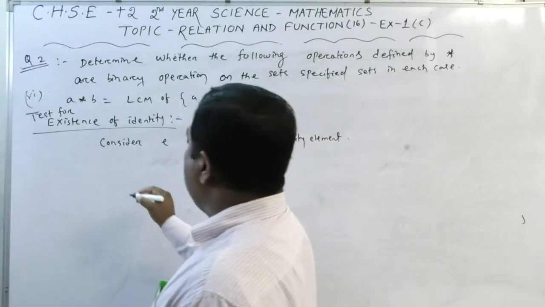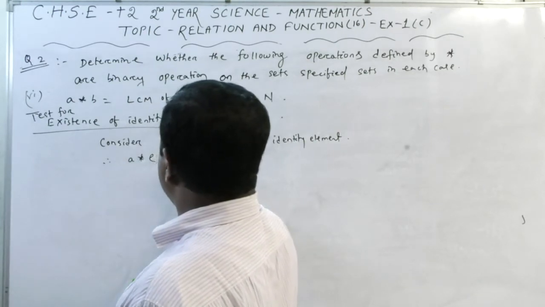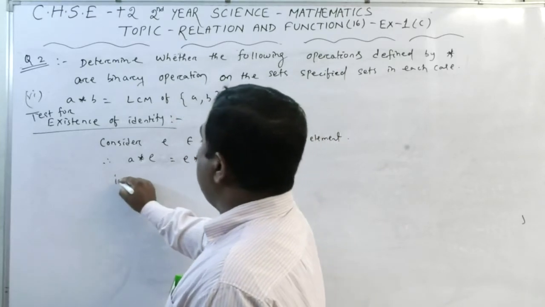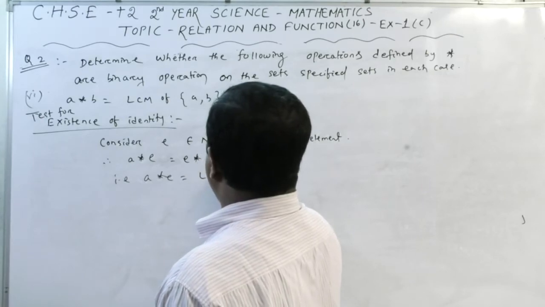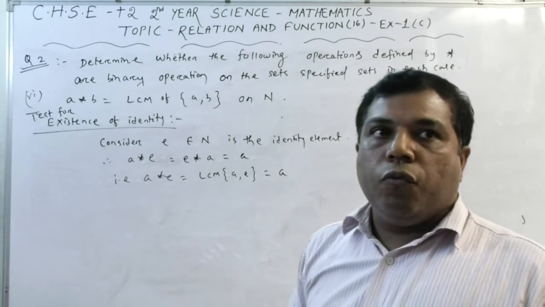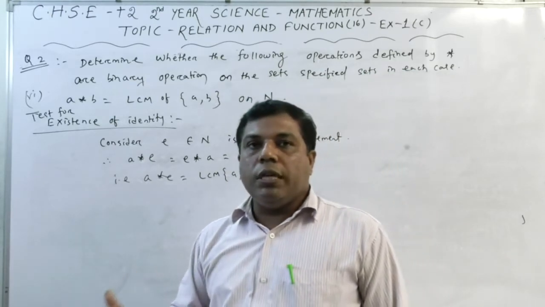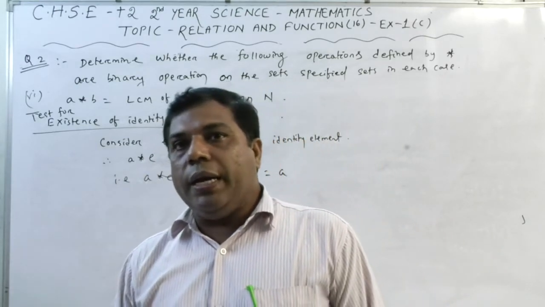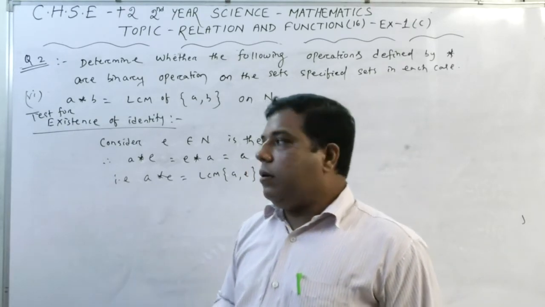Therefore, A star E equal to E star A should be equal to A. That is, A star E is the LCM of A and E. Now think, what should be the number with which you take the LCM and you will get the same value? Suppose a number 10 is there, then the LCM of 10 and that number is equal to 10.